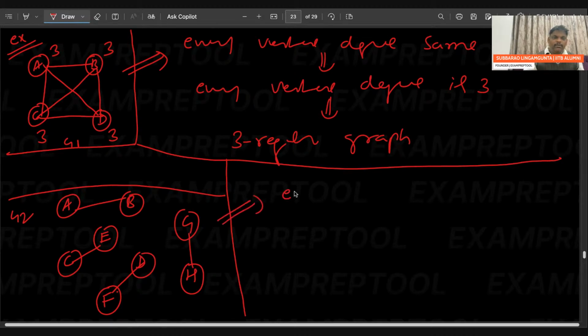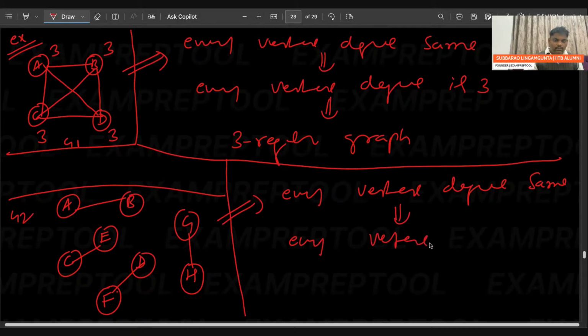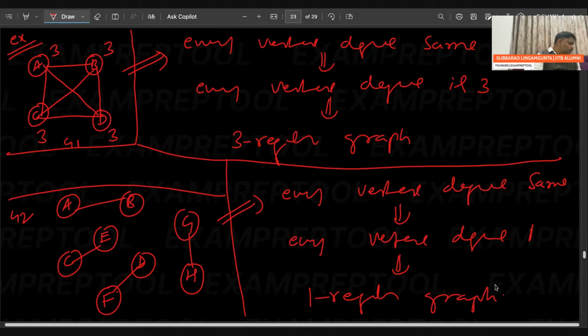So let me write now. Every vertex degree is the same. Not only that, every vertex degree is 1. So which is also called a 1 regular graph.